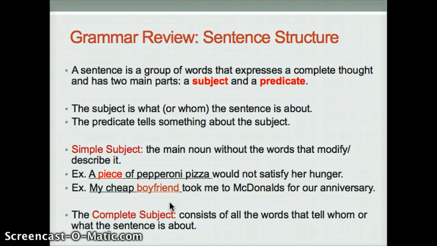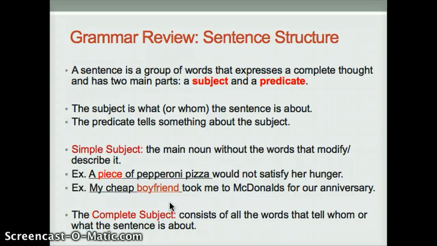So the first example, a piece of pepperoni pizza would not satisfy her hunger. So the subject of this sentence is the piece of pizza, and all those other words that go around the piece are describing the subject.